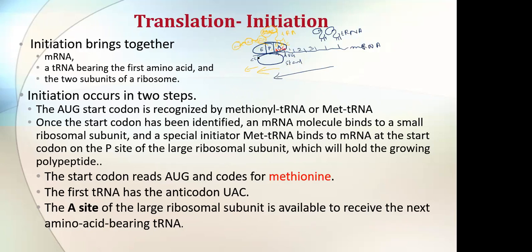So again, 3 steps: initiation, elongation, and termination. Initiation starts when that start codon sits at the A site. Okay, elongation, the middle part, it continuously occurs, that messenger RNA and tRNA combination moves through the sites. They move from A site to P site, they release the amino acids and they move to the E site. That's the elongation step.